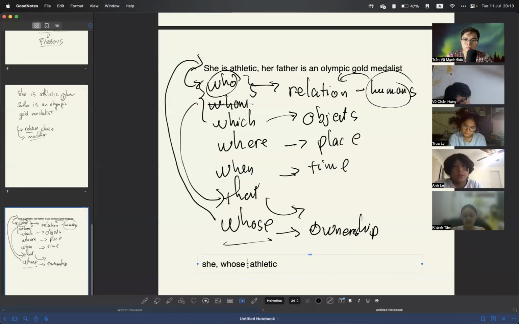I get what you're saying. Like, whose is replacing? Whose is replacing her? Just give it a shot. Just try it. It might be correct.